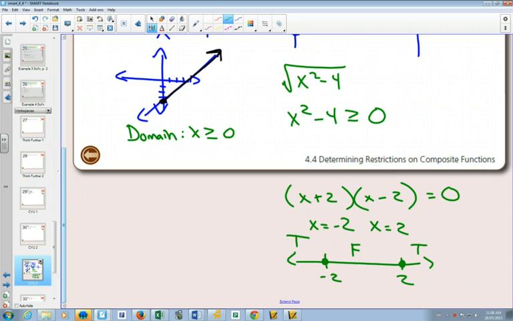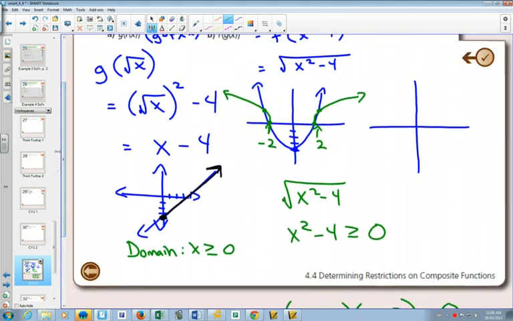Yes? One of those number lines, are the areas always alternating between true and false? Not necessarily. Especially once, like with parabolas, it does. Because parabolas, as we can see in our graph up above, our parabola always has something above, then something below, then something above.